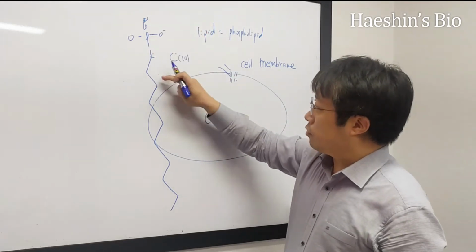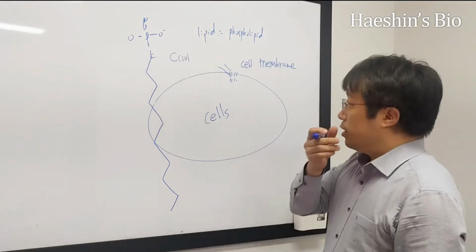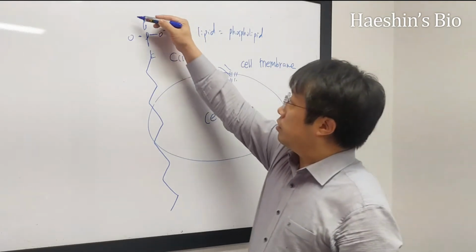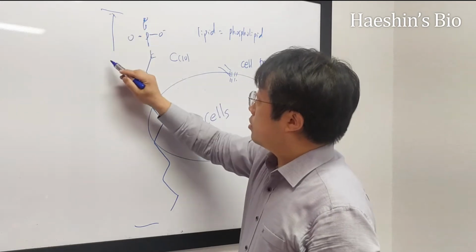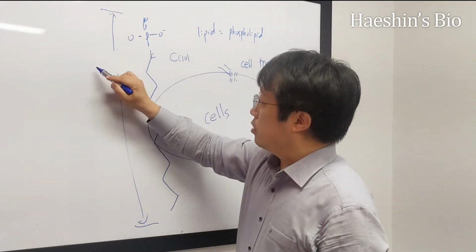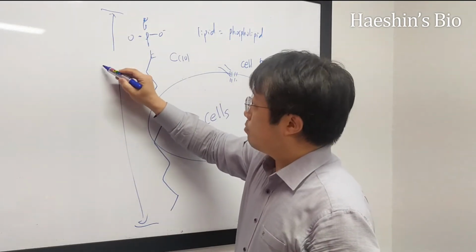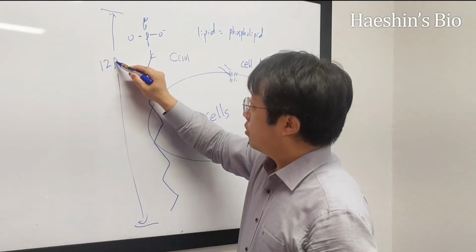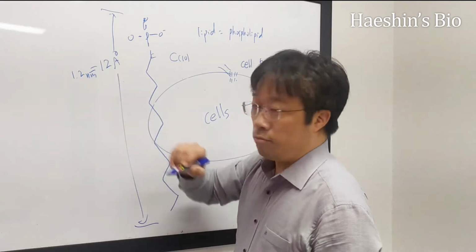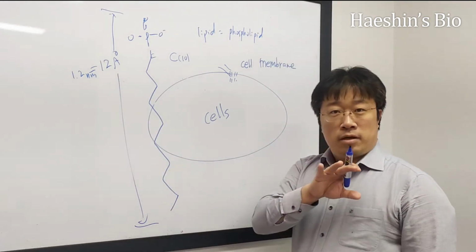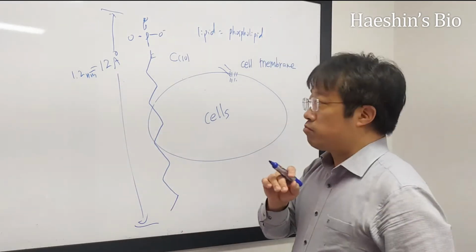As I mentioned before, the length of this molecule is quite predictable. We can expect 12 angstrom, which is 1.2 nanometers, for the single layer of the lipid.